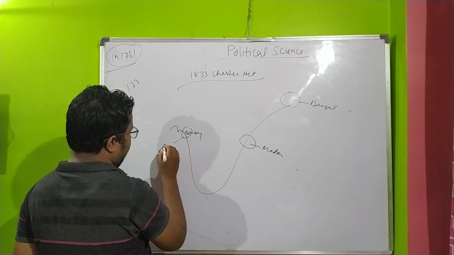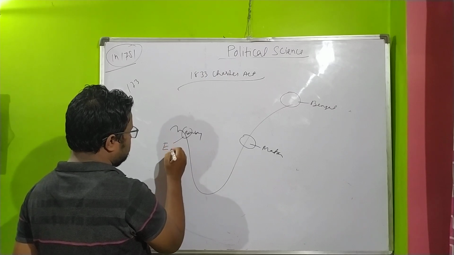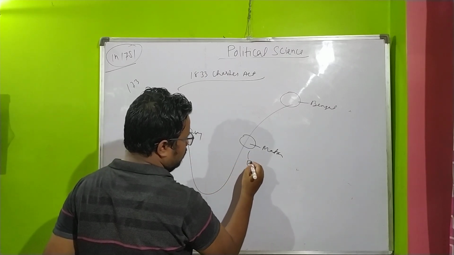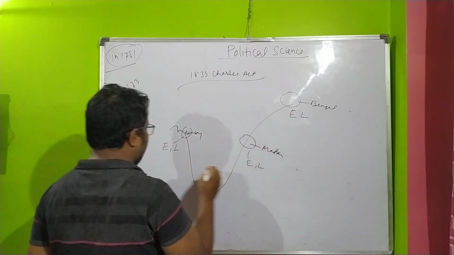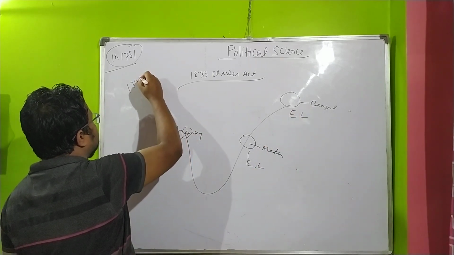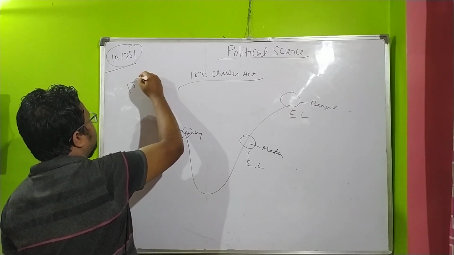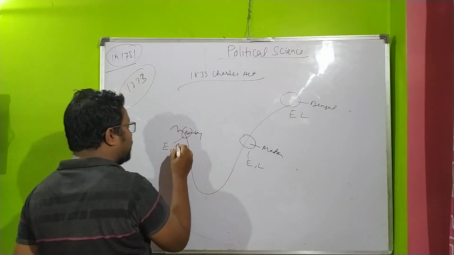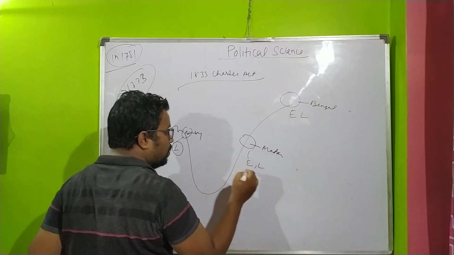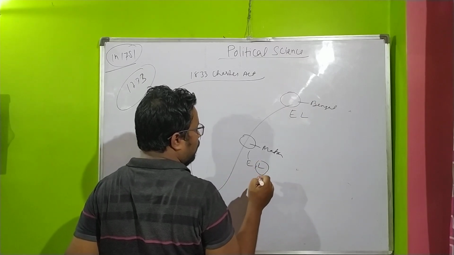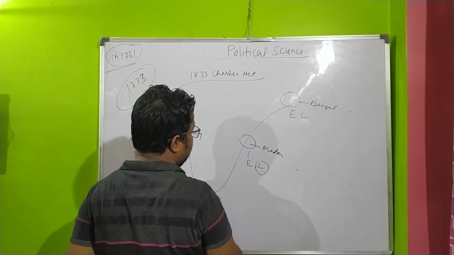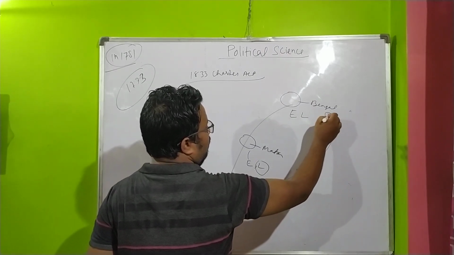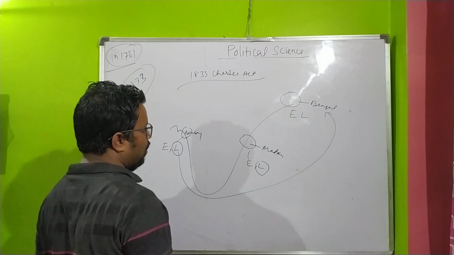Bombay, Madras and Bengal Presidency were having executive powers and legislative powers. But in 1773, what happened? In 1773, a few legislative powers of Bombay and a few legislative powers of Madras were transferred to the Governor of Bengal.